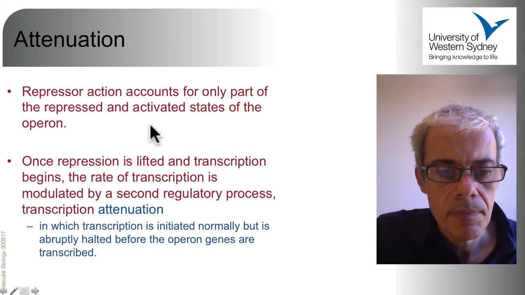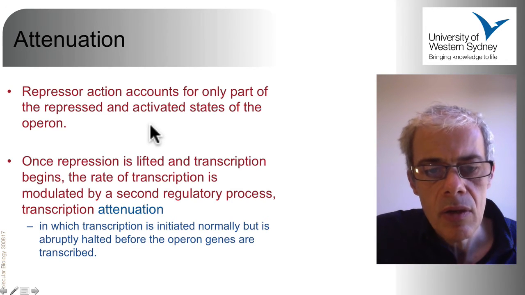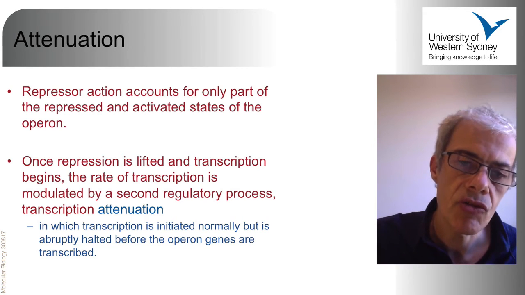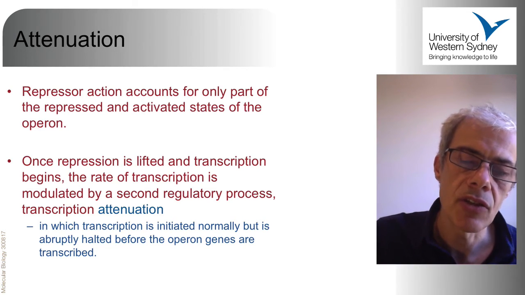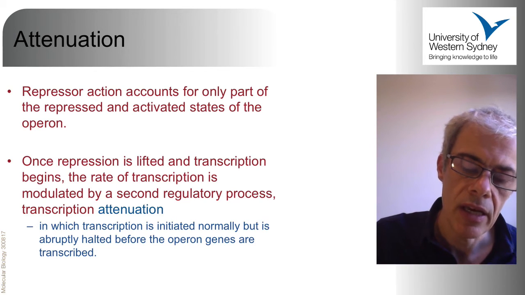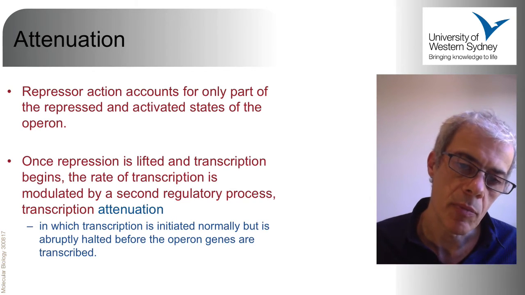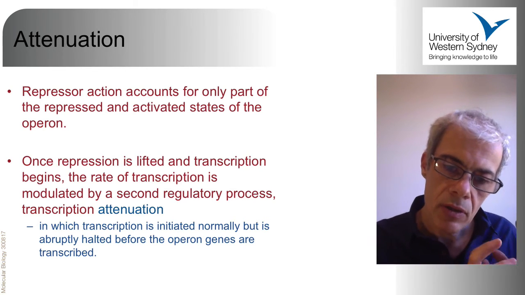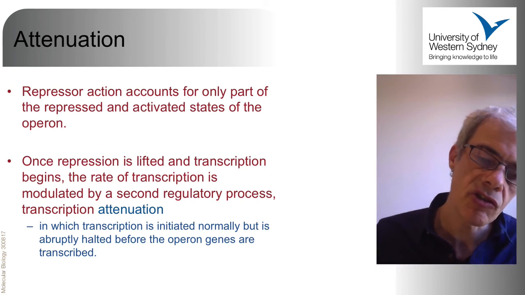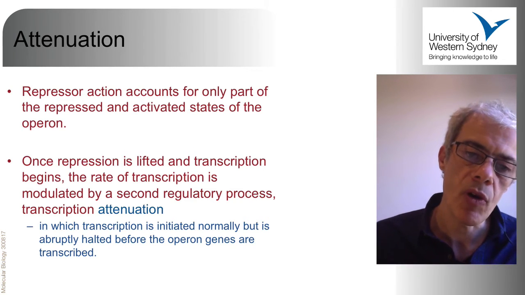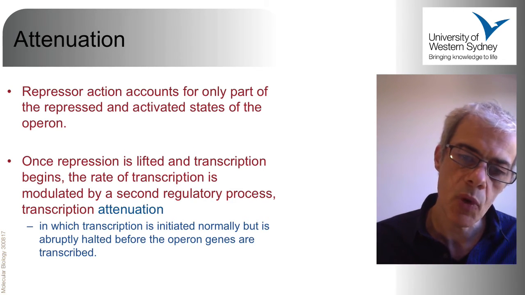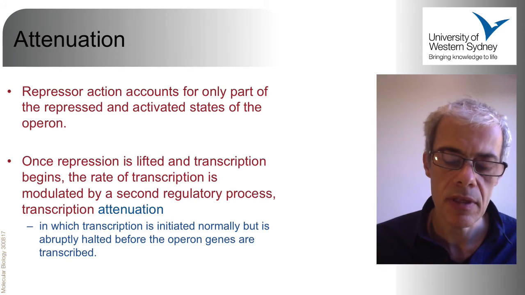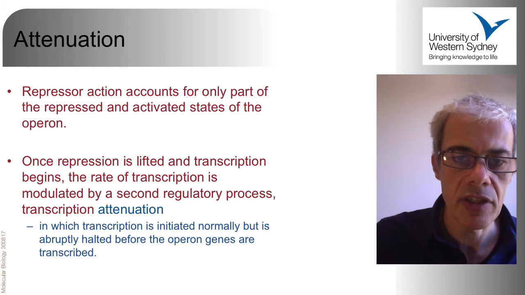Okay, so effectively, once transcription has begun, attenuation is a secondary regulation point that can stop transcription. So we've had the polymerase bind, we've had the repressor on or off, and transcription has started. Now, once transcription has started for the Trp operon, there's another regulation point that can stop transcription. And this mechanism is called attenuation.